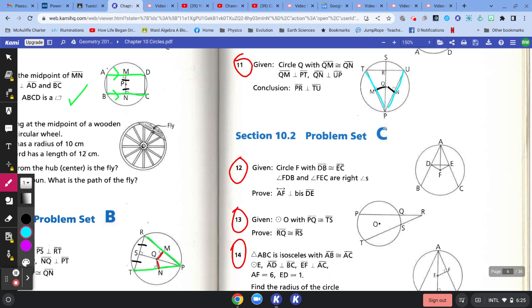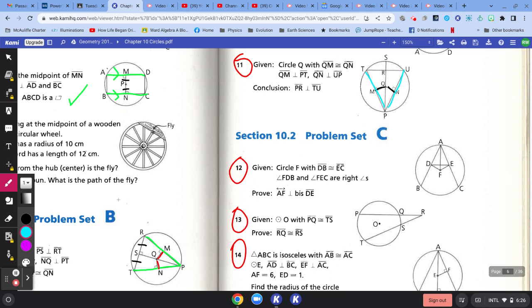So we know that P lies on the perpendicular bisector of UT, but do we know that PR is the perpendicular bisector? Well, to figure that out, it would help to find another point that is equidistant from U and T that lies on this segment that is PR and on to S. So let's do that.